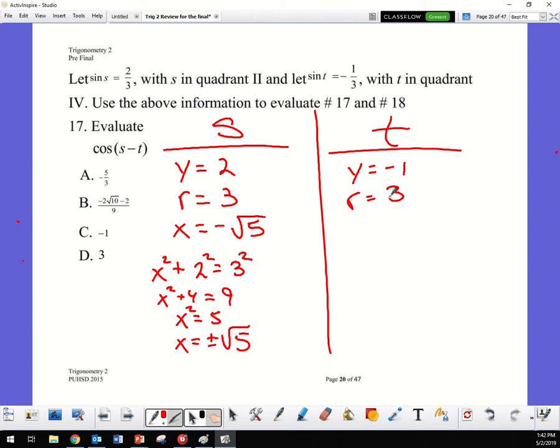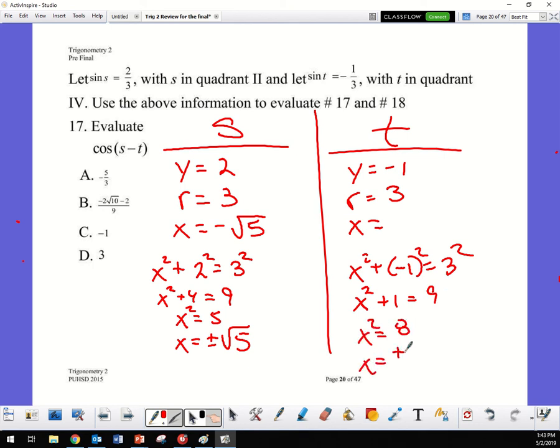Now let's go through and solve for this again. X is missing. So x squared plus negative 1 squared is equal to 3 squared. So x squared plus 1 equals 9. X squared is equal to 8.